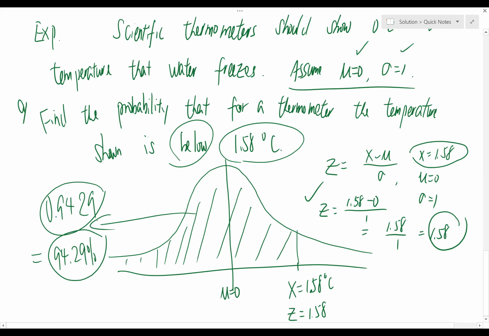Meaning if you have, let's say, 10,000 temperatures recorded, then 9,429 temperatures will be located to the left of this particular temperature. So that's how we interpret this probability. We calculate it using the table, and it gives us an idea of the relative standing of this temperature and all the temperatures below it.